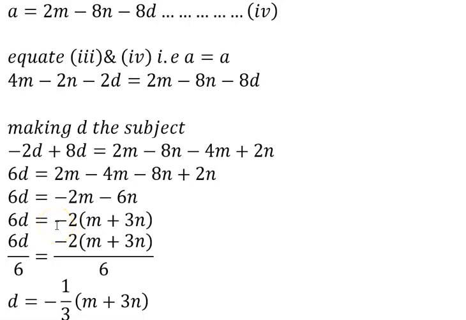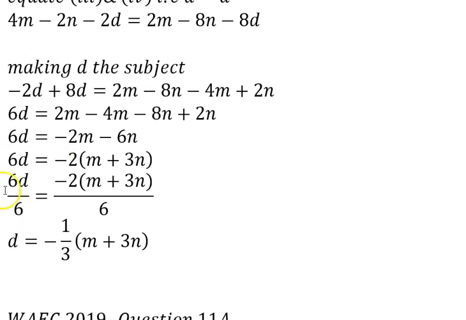So we just divide both sides by 6, because we actually want to make D our subject of the formula. Let's divide both sides by 6 such that our 6 here, we cancel 6.